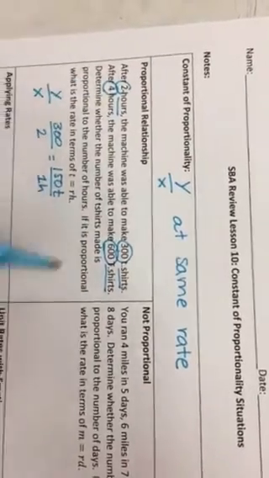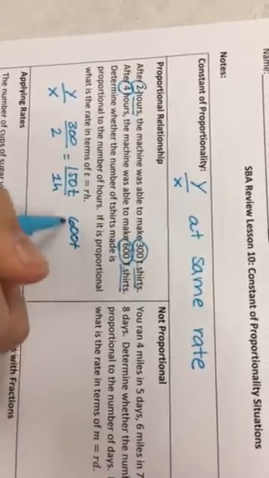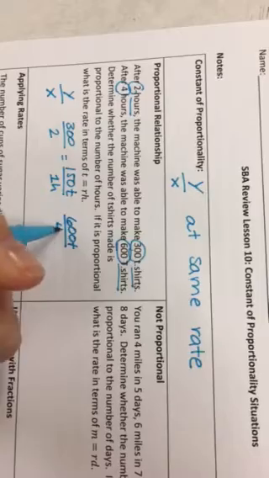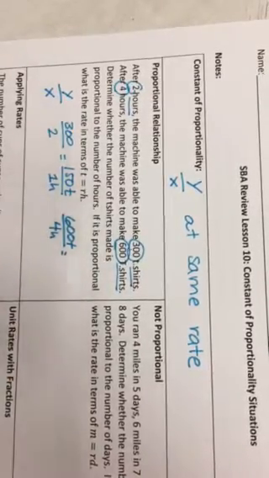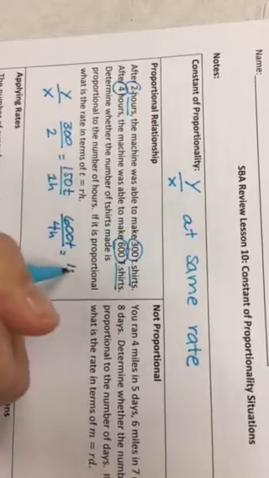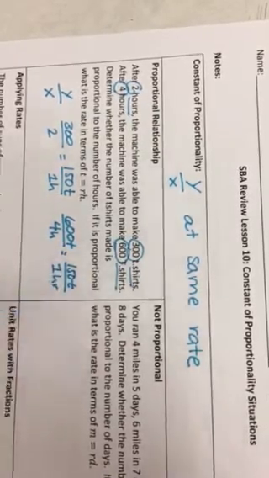Let's try the next one. I have 600 t-shirts in 4 hours. If I divide 600 by 4, I get 150 t-shirts for every 1 hour.